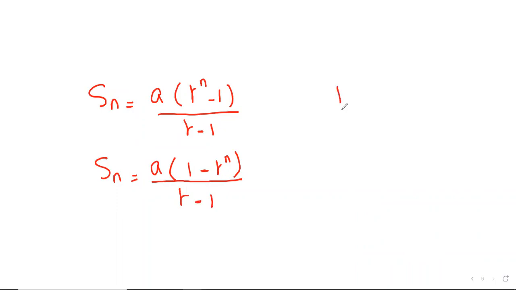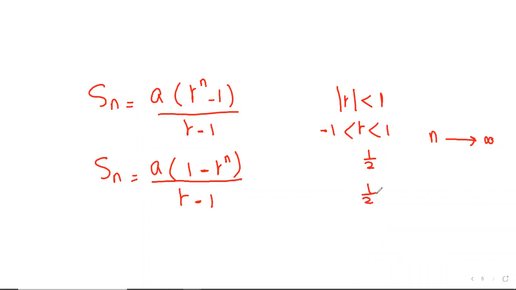You know, if the absolute value of R is less than 1, that means R is greater than -1 and less than 1, like half, for instance. If we want to find the sum of an infinite number of terms, so n in this case approaches positive infinity.